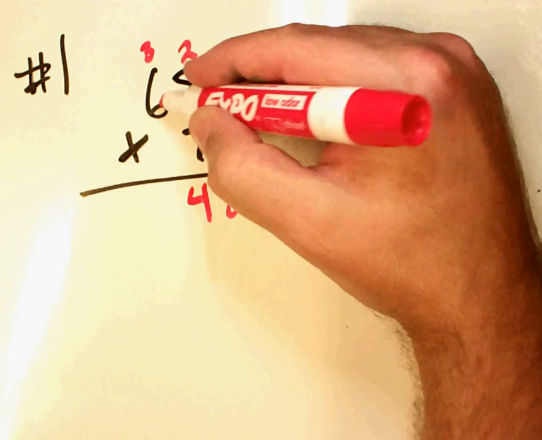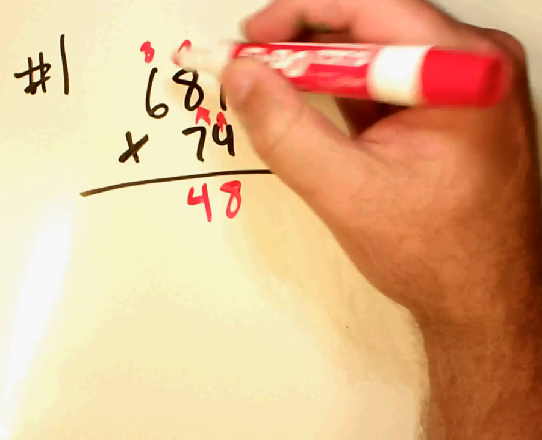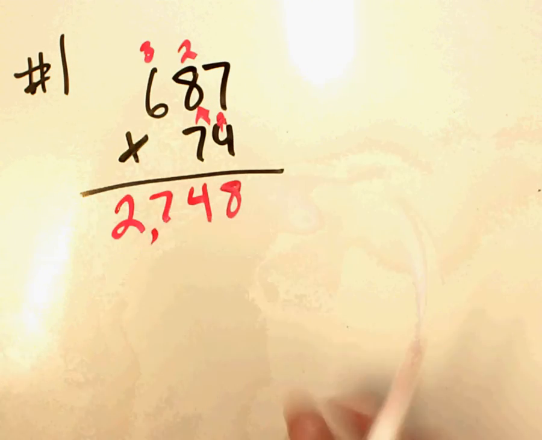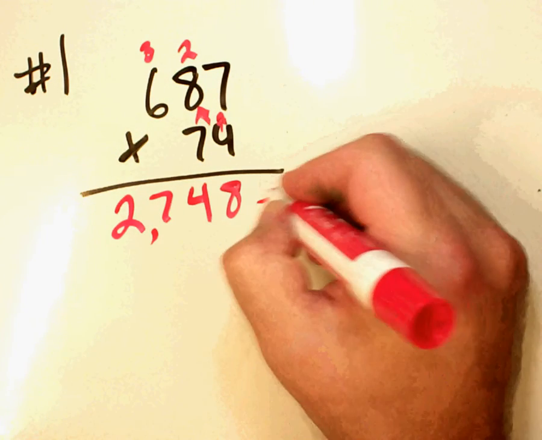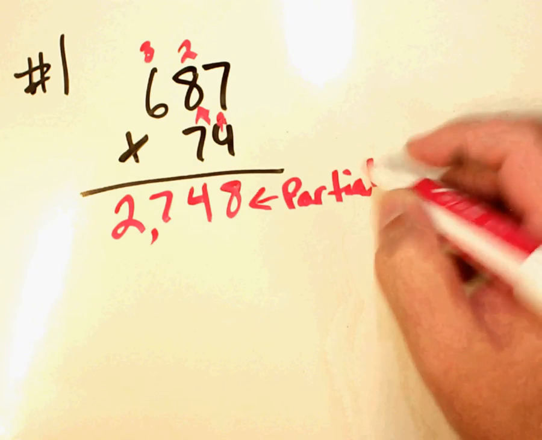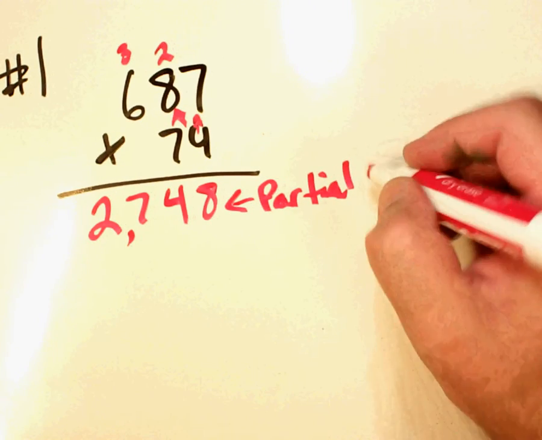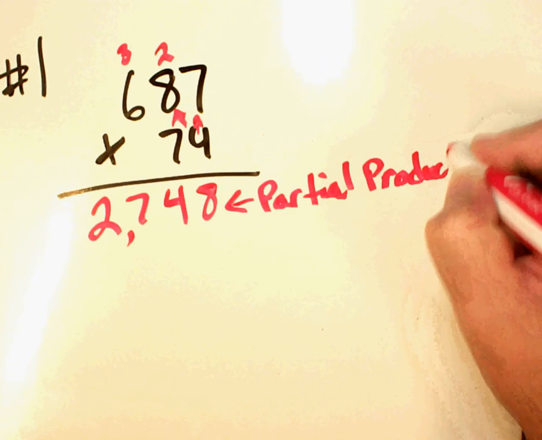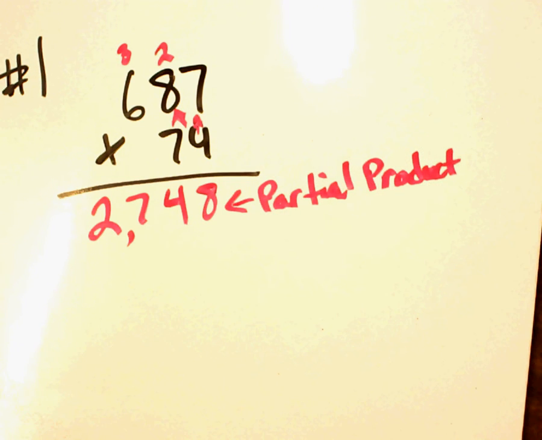And then 4 times 6 is 24, plus that 3 I carried is 27. Now this is my first partial product. Slide over just a bit. It's my first partial product.